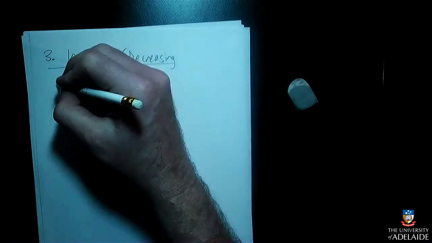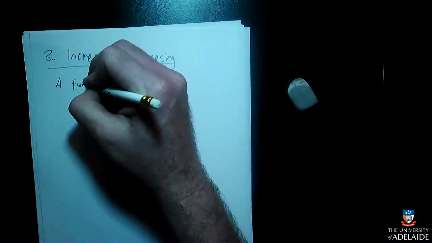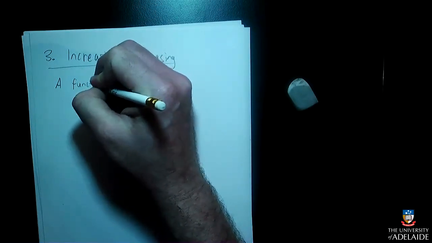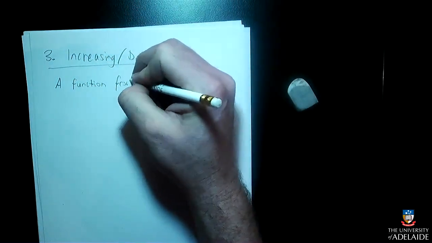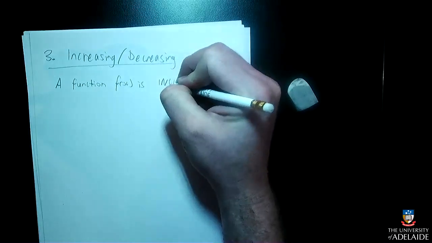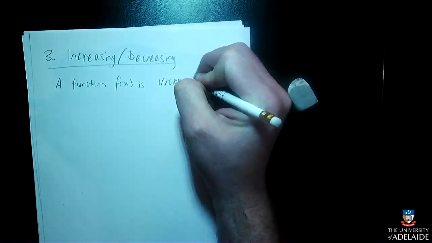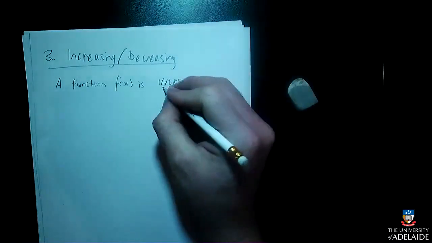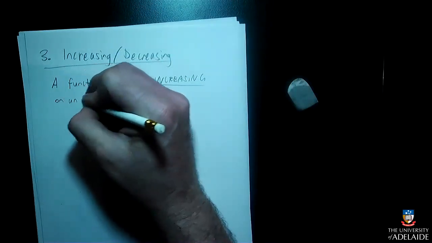So, if it's increasing or decreasing, the formal definition of it is this. A function f of x is increasing on an interval.